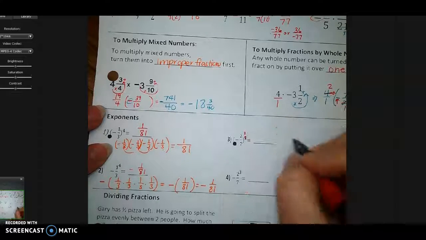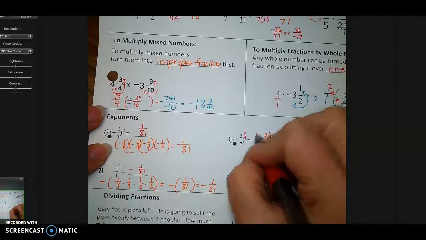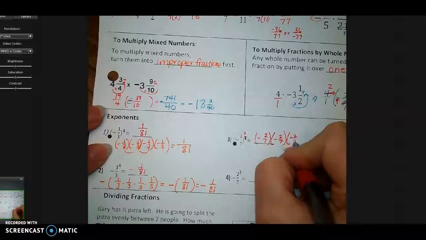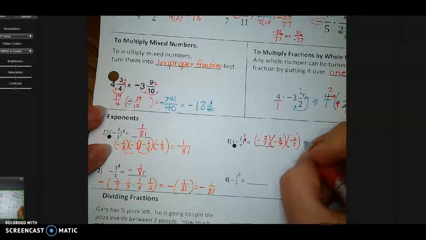Or exponents, let's go ahead and make that one a 3 as well. I've got negative 2/7 times negative 2/7 times negative 2/7. A negative times a negative times a negative, so 3 of those.